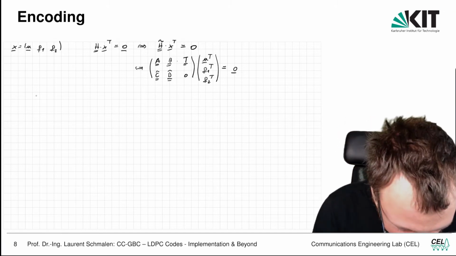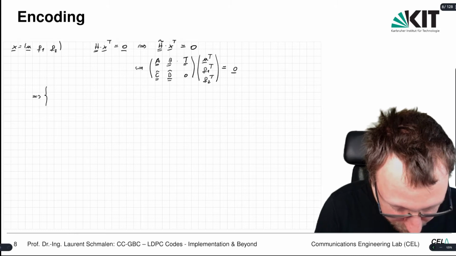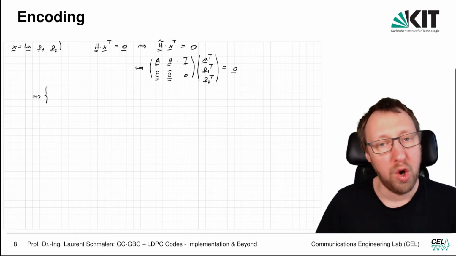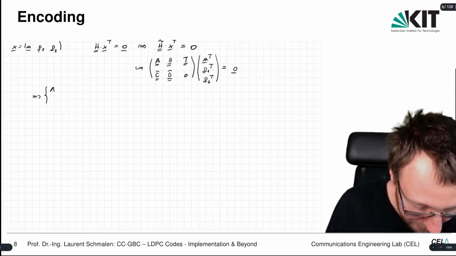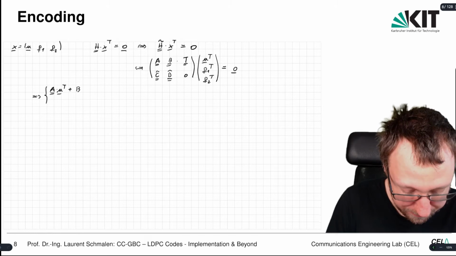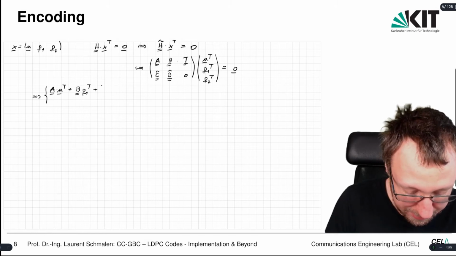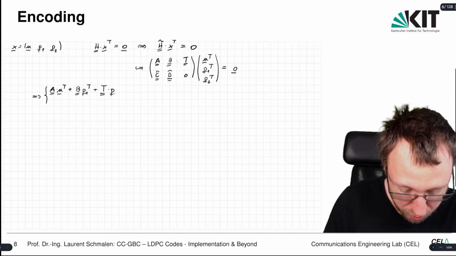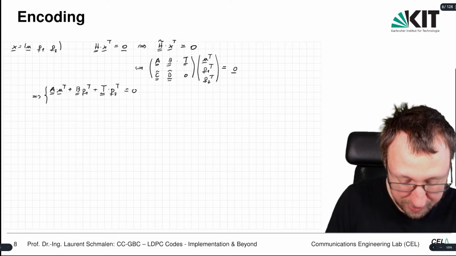So from this we get two conditions. The first, just looking at the first row, will give that A times U transposed plus B times P1 transposed plus T times P2 transposed is equal to 0.